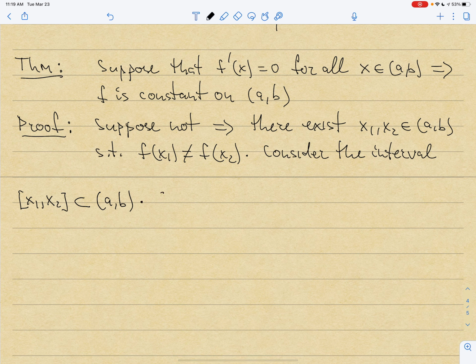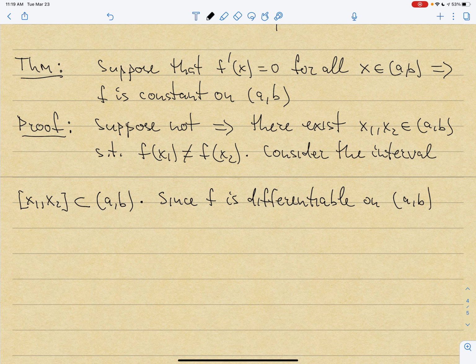So we just said, since f is differentiable on (a, b), because differentiable implies continuous, f is continuous on (a, b).